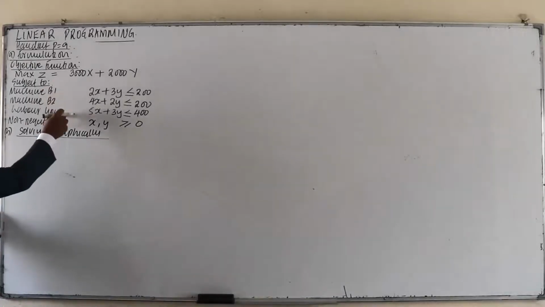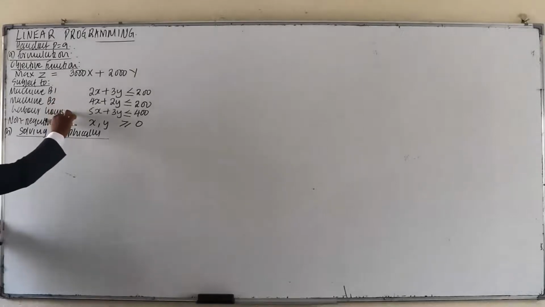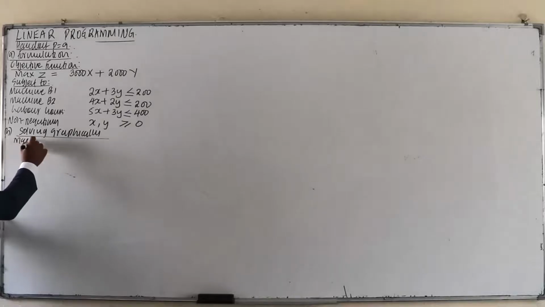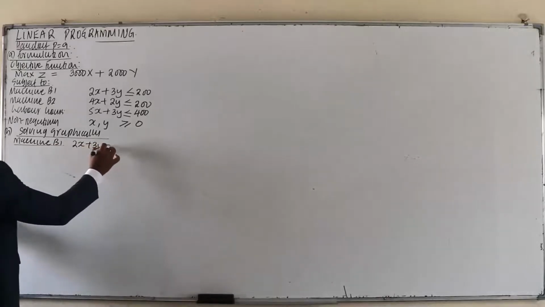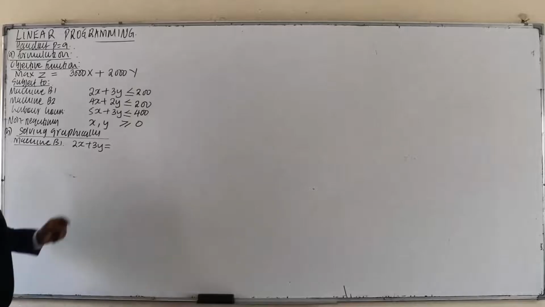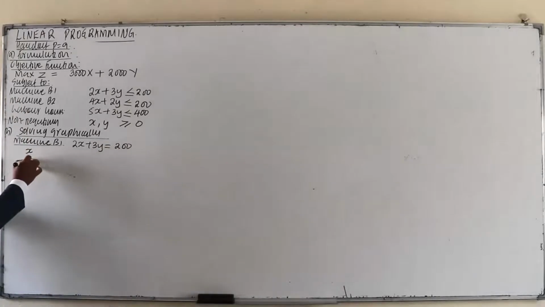You take the resources, the limiting factors B1, B2, B3. We start with B1. For example, for machine B1, the equation is 2X plus 3Y. Now you change the inequality to equality. Instead of saying it's less or equal to, you say it equals 200. Then you substitute X and Y.